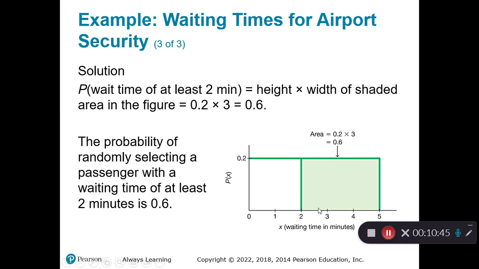The base is 5 minus 2, so here the base has a measurement of 3 units. The height is still 0.2, so we have a total area of the shaded region equal to 0.6. That means that the probability of randomly selecting a passenger who has a wait time of at least 2 minutes, so 2 minutes or longer, is 0.6 or 60%.